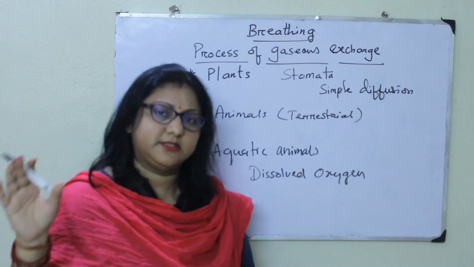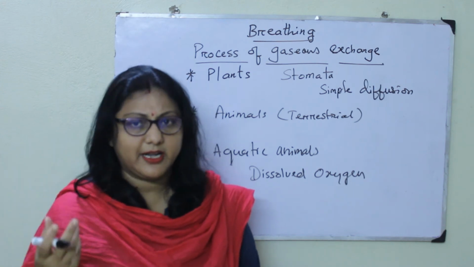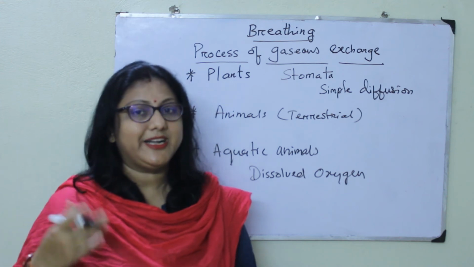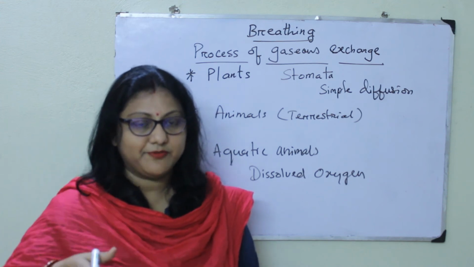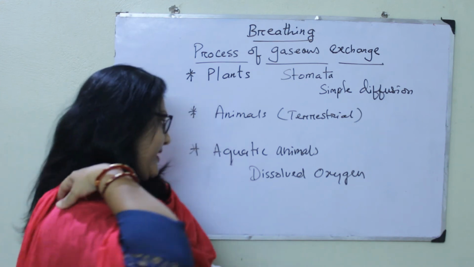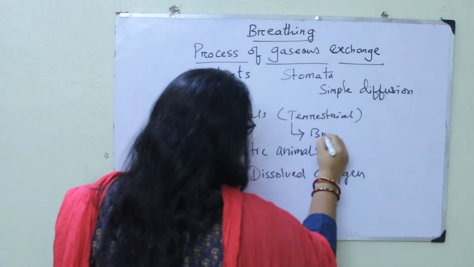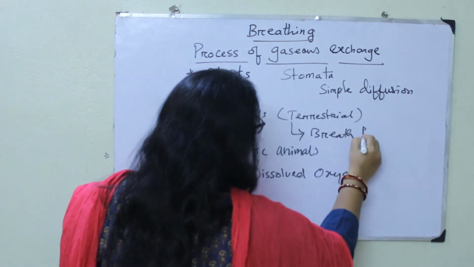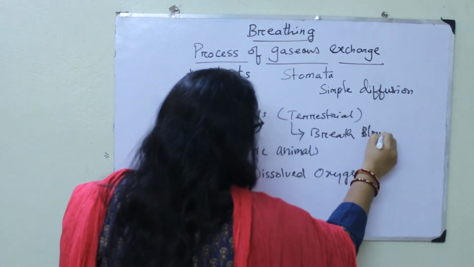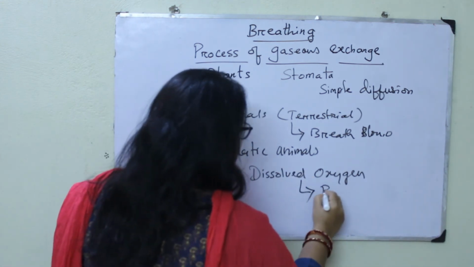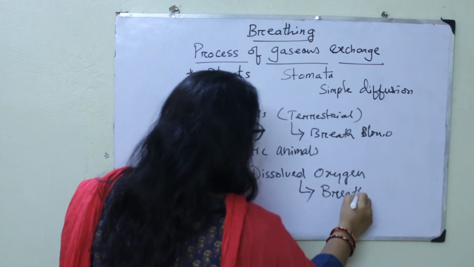Whereas the terrestrial organisms take the oxygen directly from the air, so the concentration of oxygen is very high. So they don't need to breathe very fast. They breathe slow, whereas the aquatic organisms breathe faster.